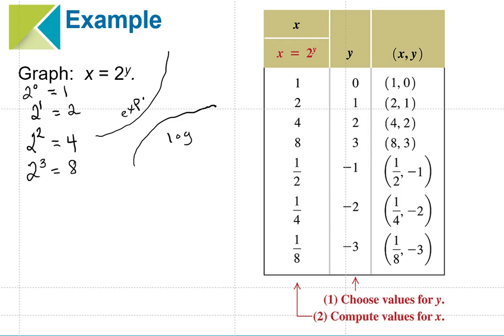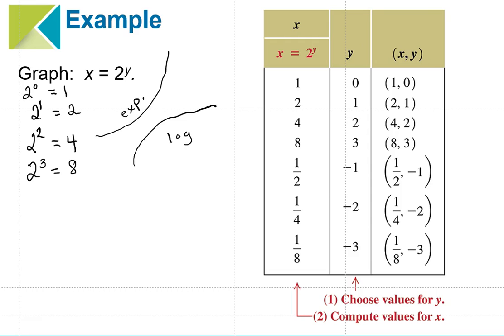On this one, I want to point out a couple things. First of all, we're starting with our y's. We're starting with the exponent, and we know what our function is. So we're going to go ahead and solve this. Right? So 0, 1, 2, 3, right? Remember that anytime you raise something to the 0, it's going to give you a 1.